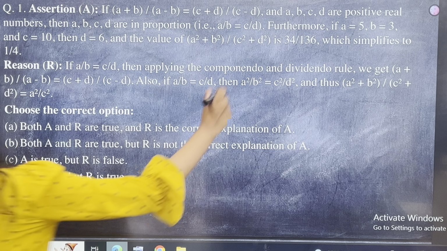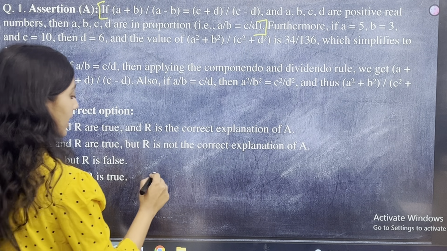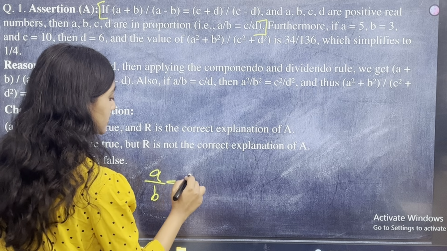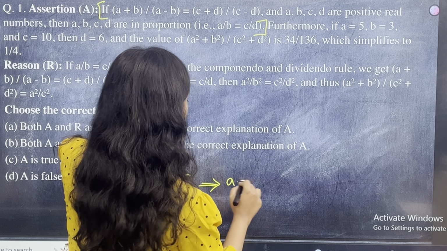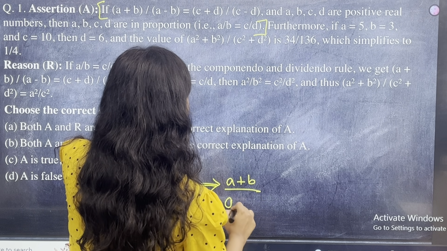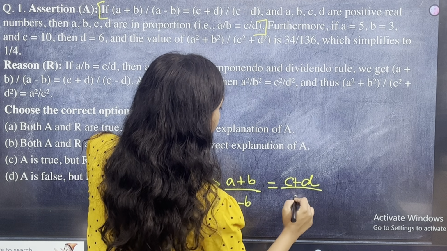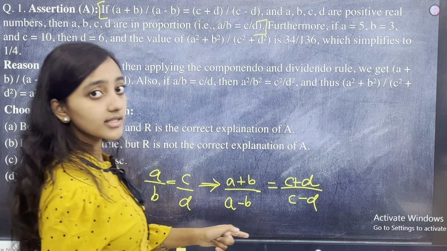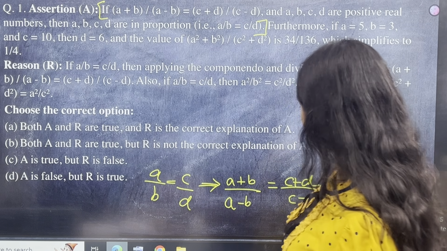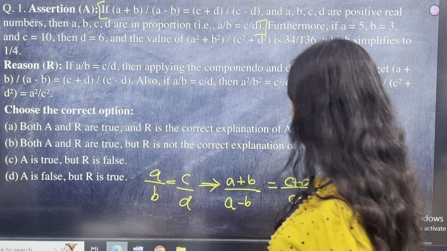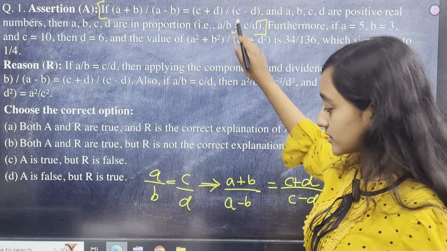If a by b is equal to c by d, then can we say that a plus b by a minus b is equal to c plus d by c minus d? Absolutely, we can say this, because this is basically your componendo and dividendo. So this part of the assertion is correct.